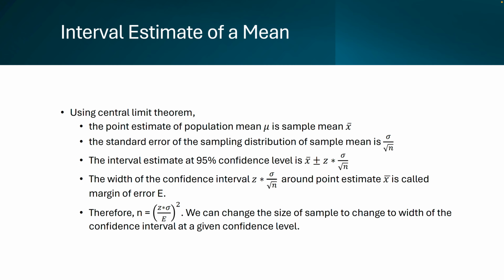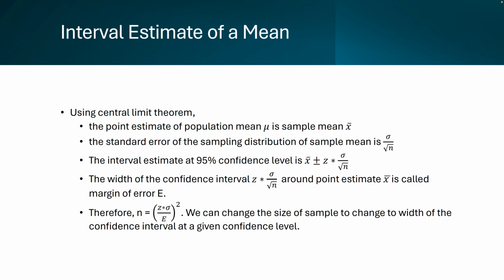So if we determine that the margin of error should be a certain value with a certain confidence level and the given population standard deviation, we can always determine the appropriate sample size. So we can choose the other three quantities to determine the fourth quantity.